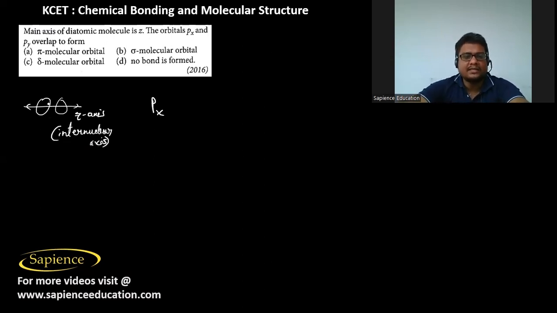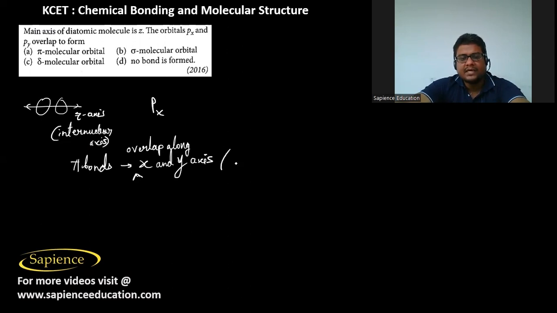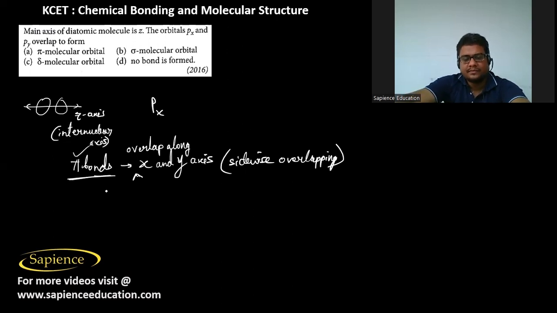So along the x-axis and along the y-axis, the pi bonds are formed. So pi bonds are formed along the x-axis and the y-axis if the two orbitals overlap. If the orbitals overlap along x and y axis, then we will have sidewise overlapping, and in that case, pi bonds will be formed.